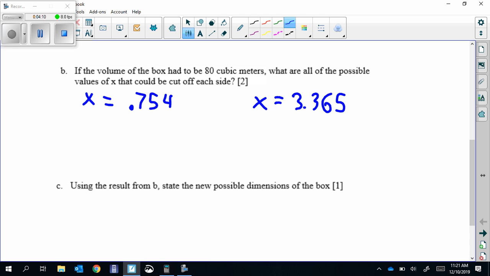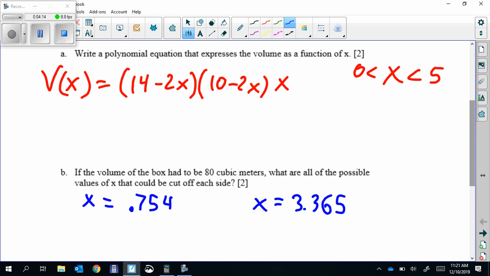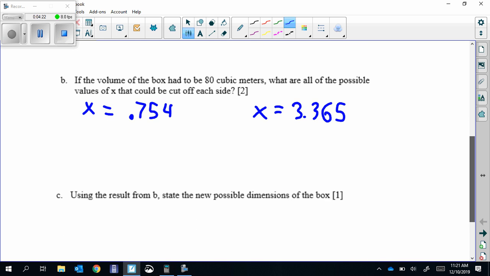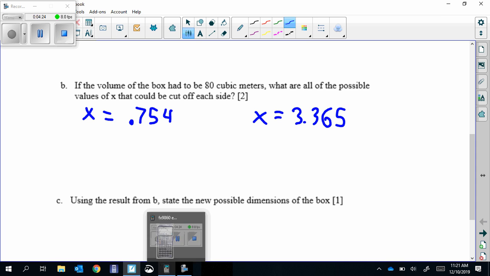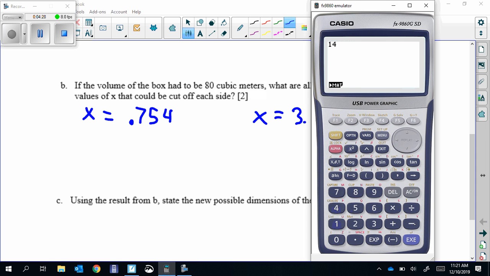Then the last part is using those values. We're plugging them into length, width, and height to get all the dimensions: 14 minus 2x and 10 minus 2x. At the moment, I left x at that 3.365 number.